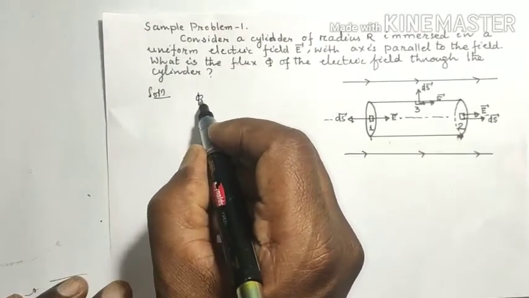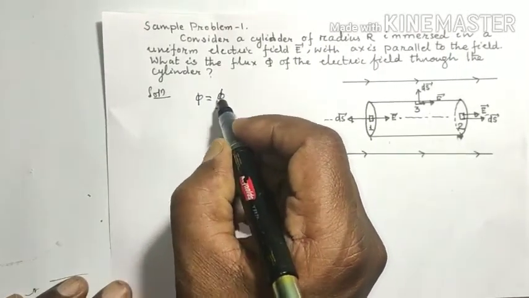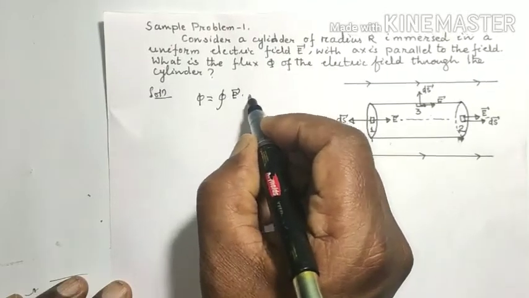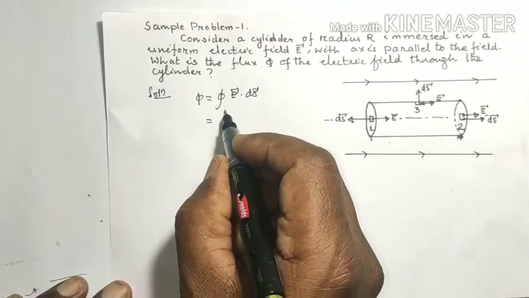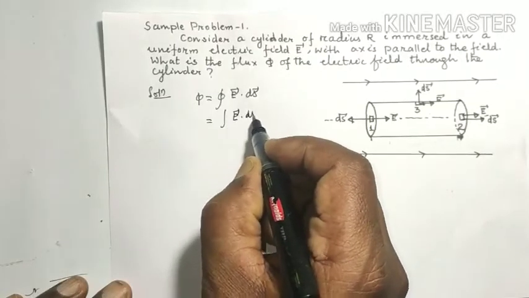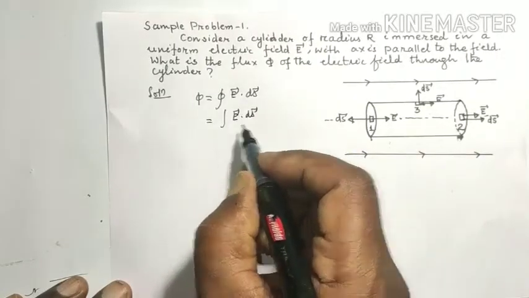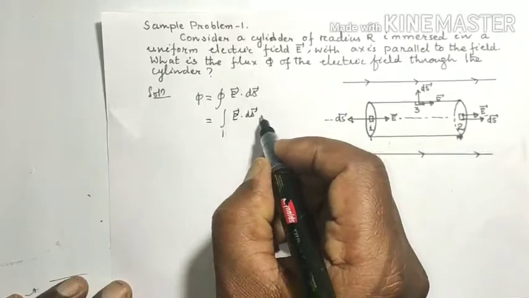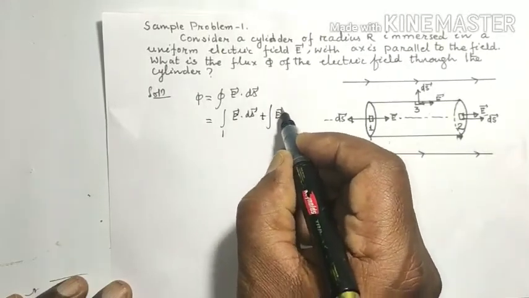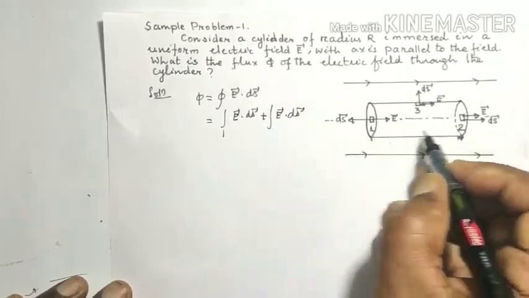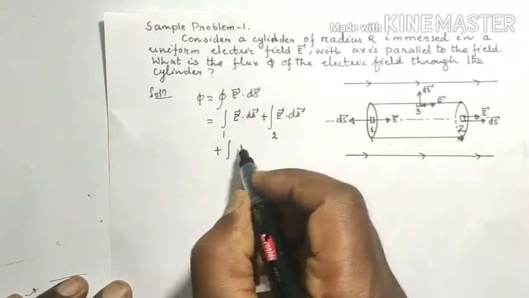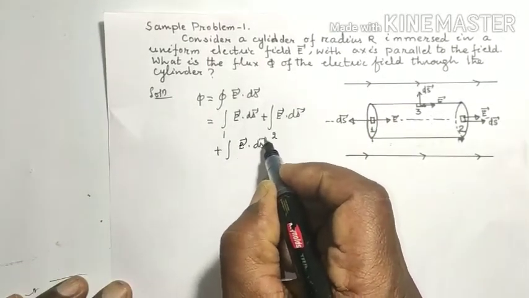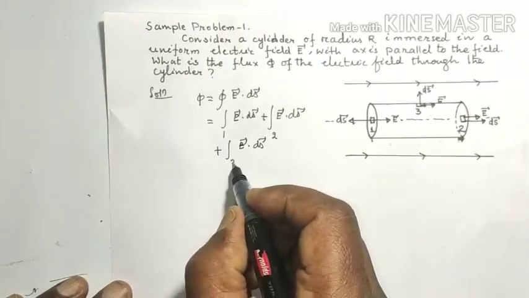So flux phi equal to integral over closed surface E dot ds. This is equal to integral of E dot ds over the left cap plus integral of E dot ds over right cap plus integral of E dot ds over the curved surface.